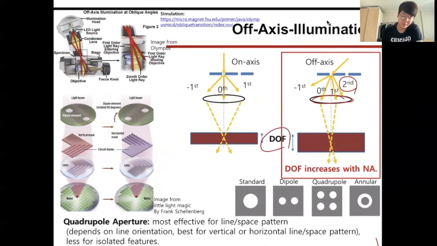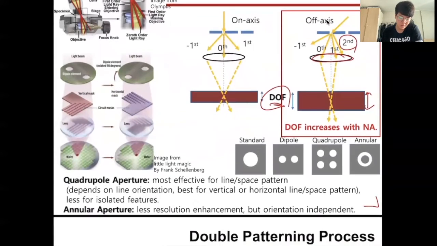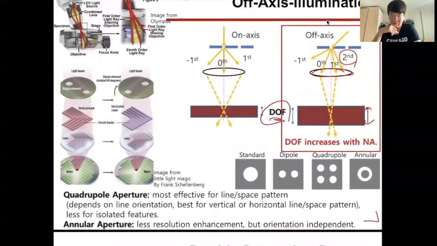Also, there is a deeper depth of focus, without shortening the numerical aperture. So it can get more light intensity without shortening the numerical aperture. Also, it can give more depth of focus.